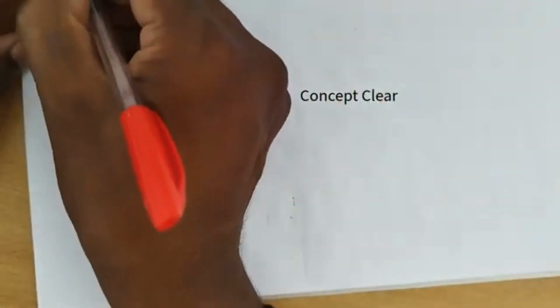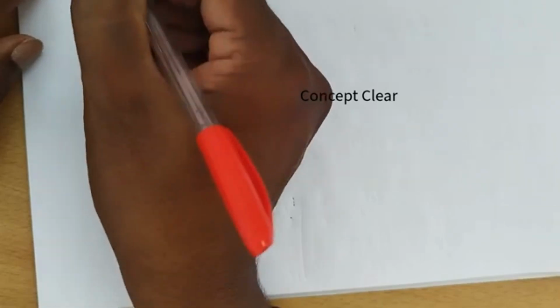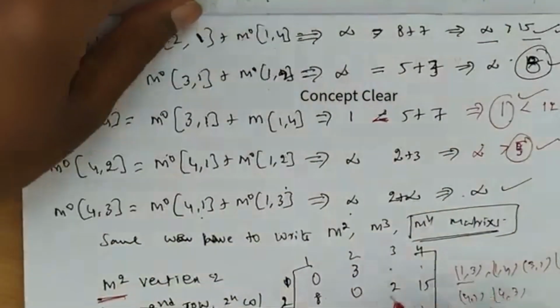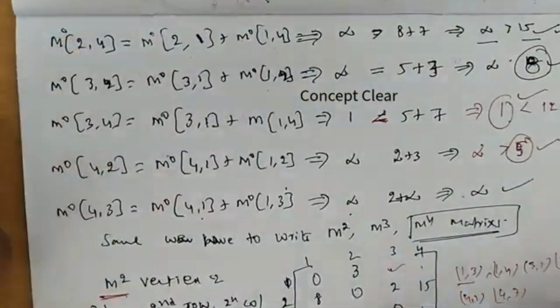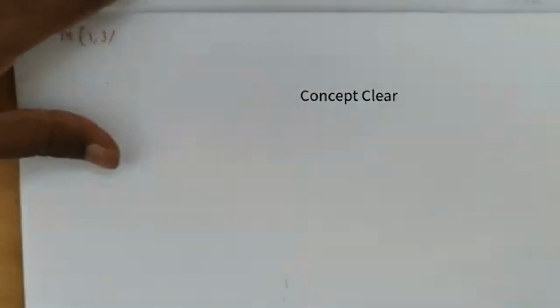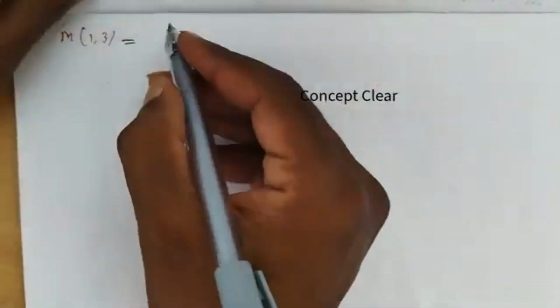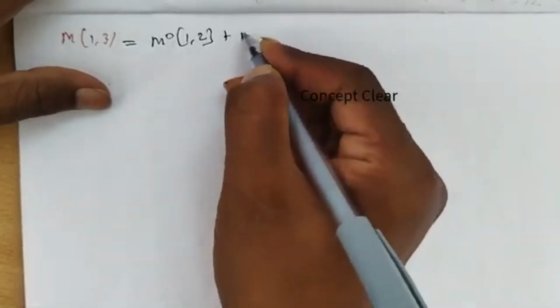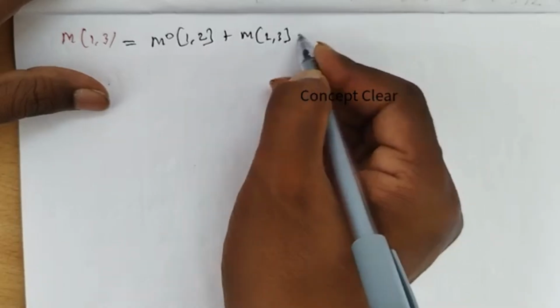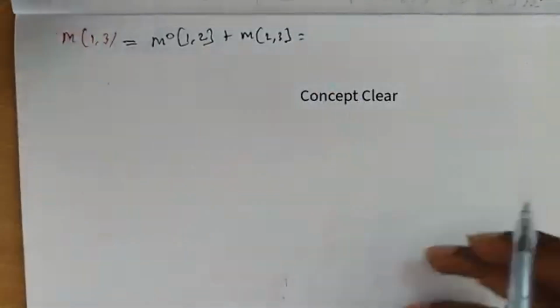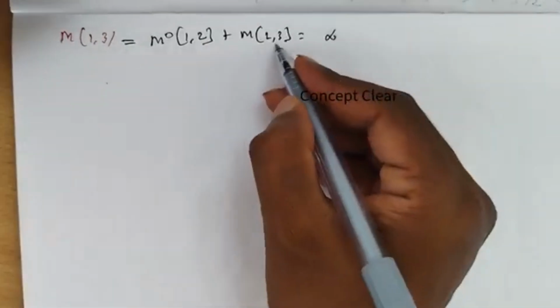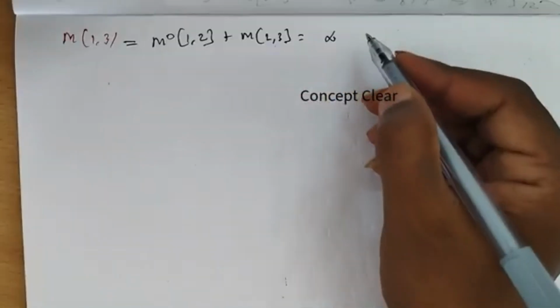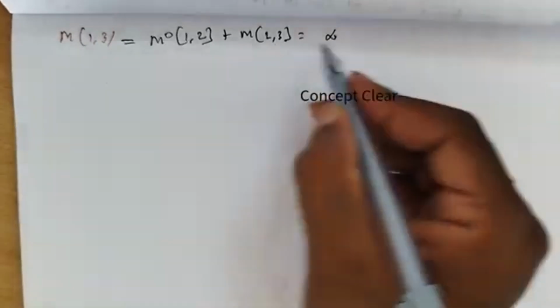See here, M naught of 1 comma 3. It means we are finding this first one, this value 1, 2, 3. If you are finding this value, what do we have to write? M naught of 1 to 2 plus M naught of 2 to 3. 1 to 3 value is infinity.